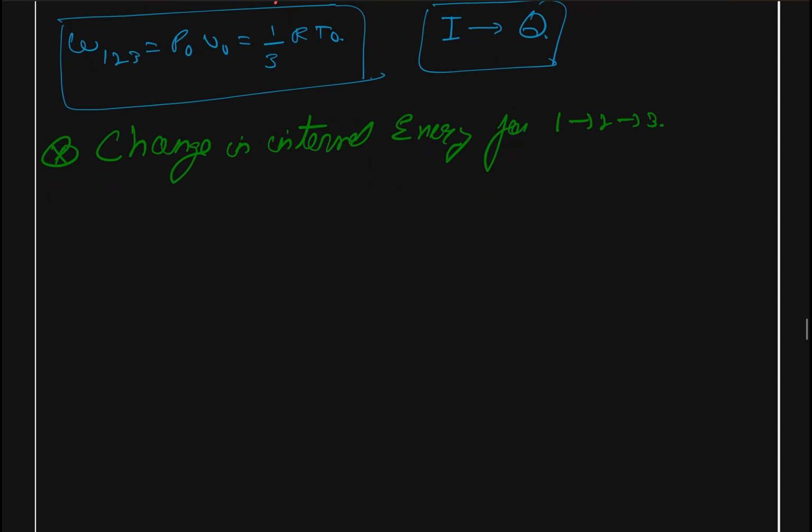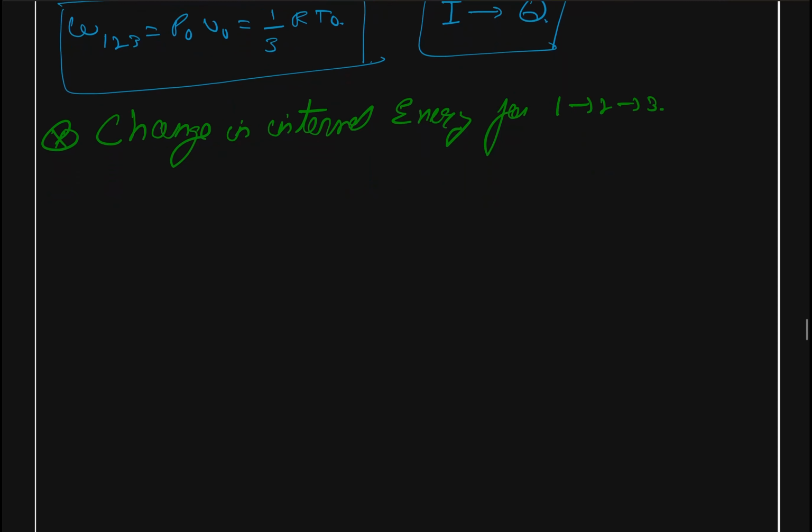And we are given 1 mole. Therefore, we can write directly delta U is equal to 3 by 2 R. Basically, it is n C V, the same formula, times the difference in temperature, T3 minus T1.